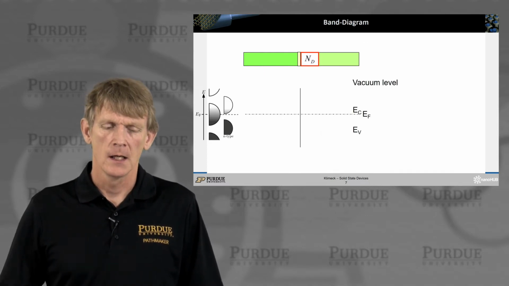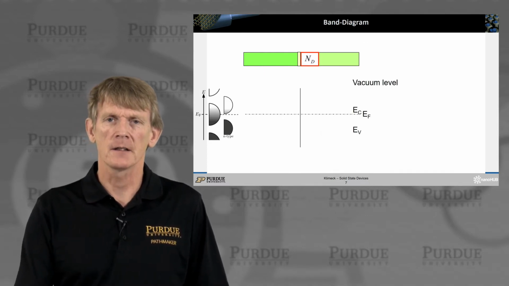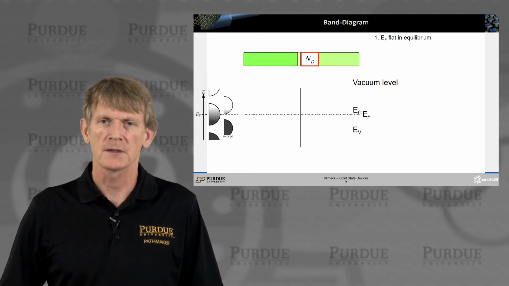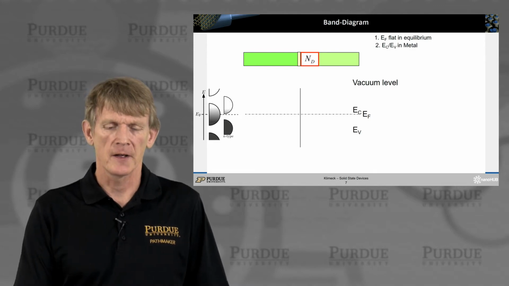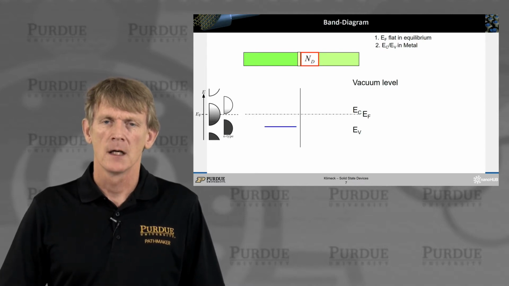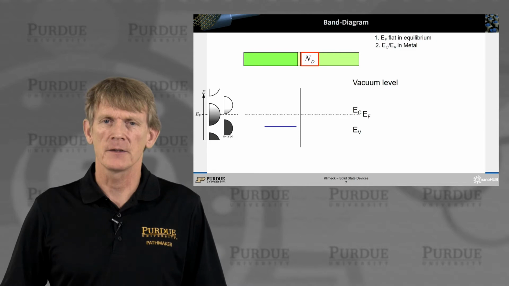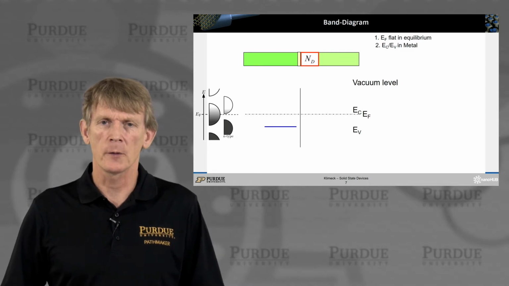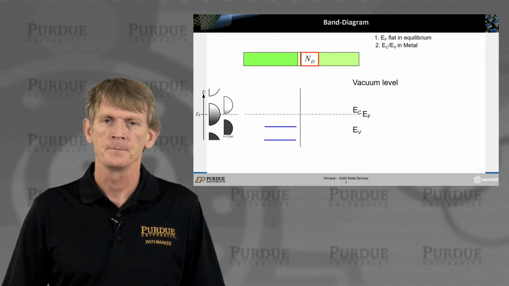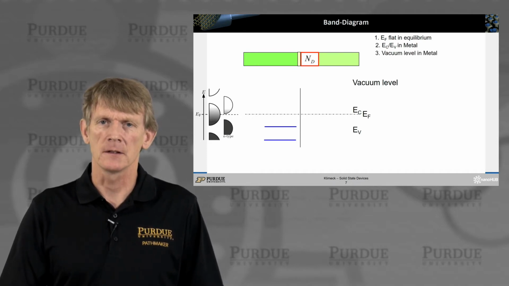So here we go. We're going to start drawing a band edge diagram. We start out from equilibrium, of course, and draw a flat Fermi level. Now we're going to draw the conduction and the valence band in a metal. I just stated that the conduction band is below the Fermi level in a metal, so the valence band is even lower. And we'll draw a vacuum level in the metal.